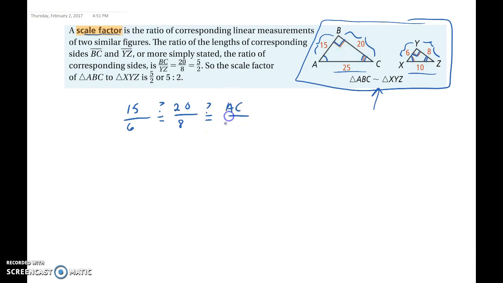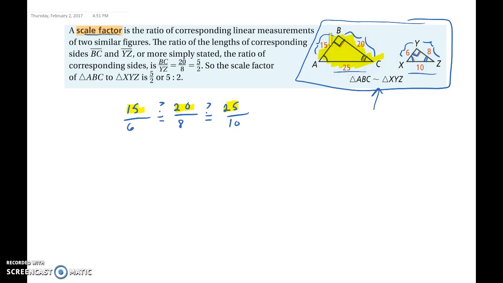So AC over XZ. Now, what's important is that all three of these numbers I'm highlighting yellow, let me write the numbers: AC is 25 and XZ is 10. All of the numbers I just highlighted in yellow are of this triangle ABC.